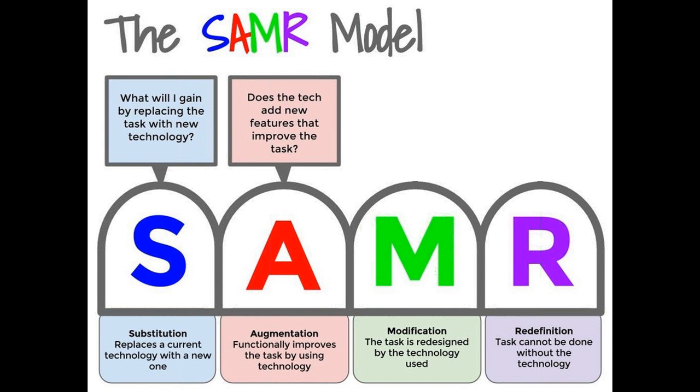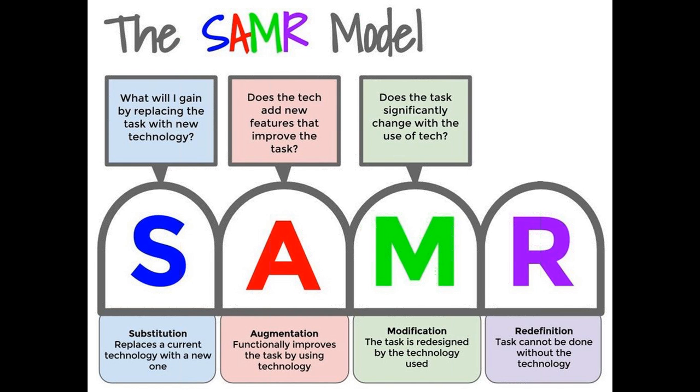So let's dig in. When we think about the SAMR model, understanding that its intent and purpose is to help teachers design purposeful and meaningful student learning experiences that leverage technology, we start with this foundational level. This is called the substitution level.